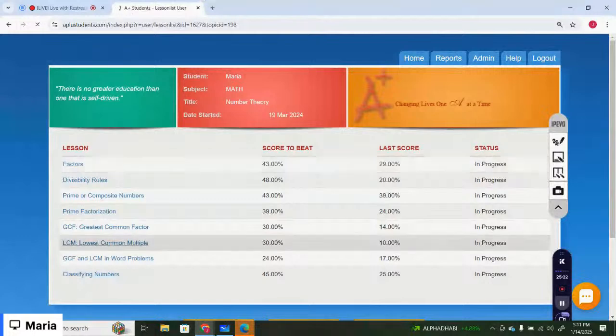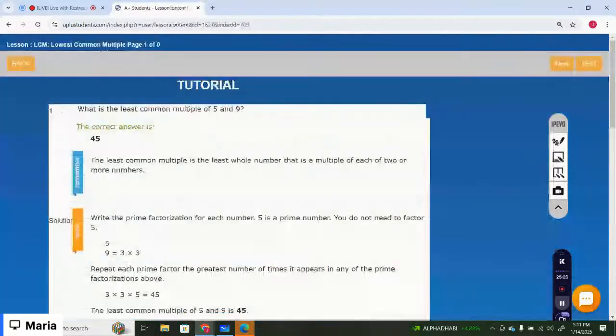The next lesson is lowest common multiple, LCM. What is the least common multiple of 5 and 9?